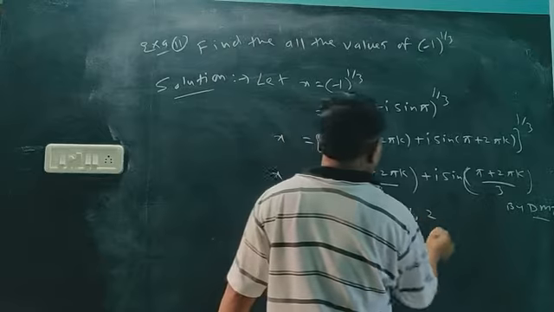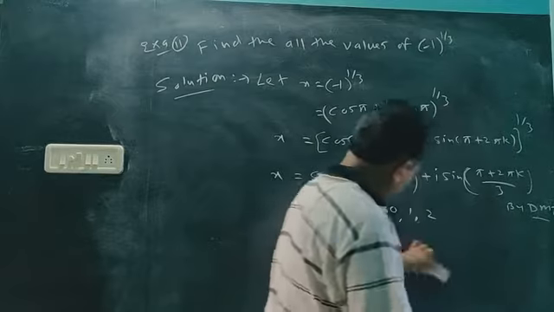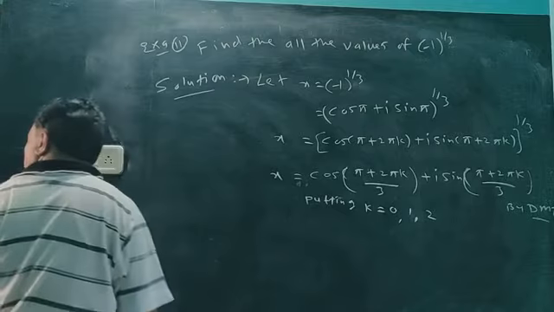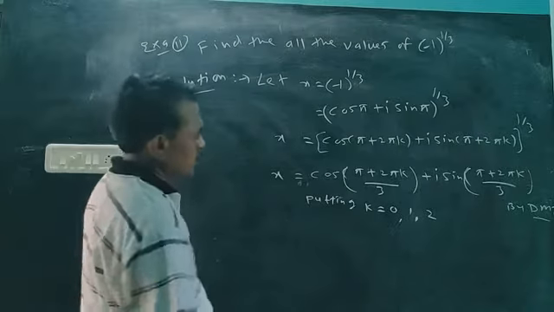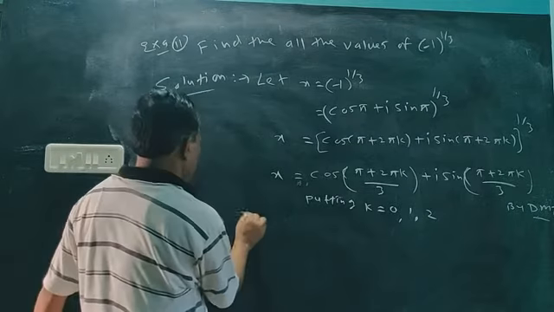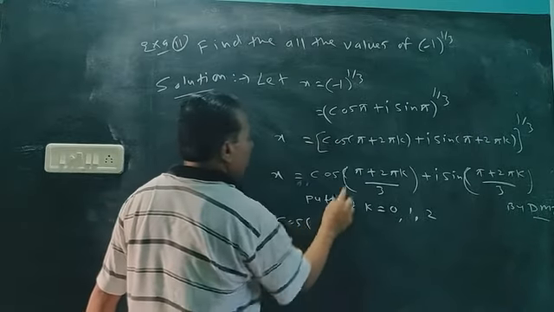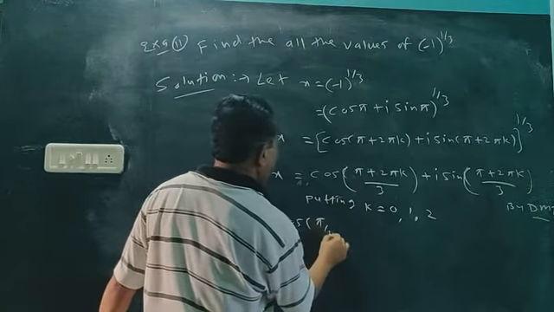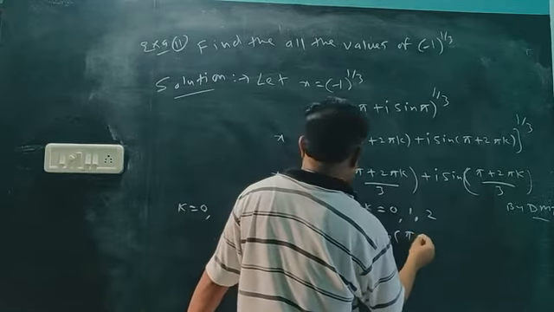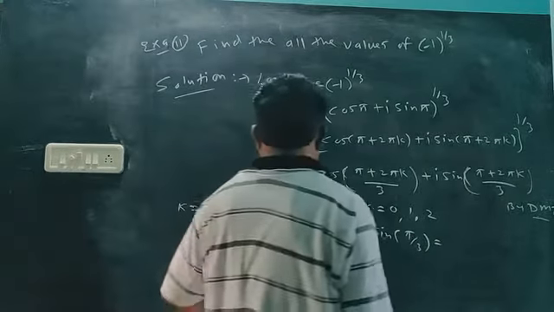So 0, 1, 2. So k equal to 0, the first value, say x0: cos of pi plus 0 by 3 plus I sin of pi plus 0 by 3, that is cos pi by 3 plus I sin pi by 3.